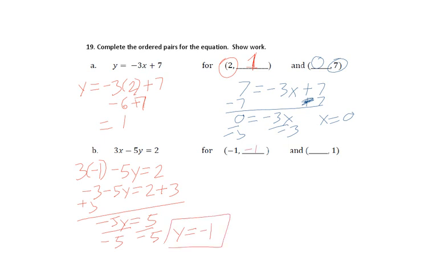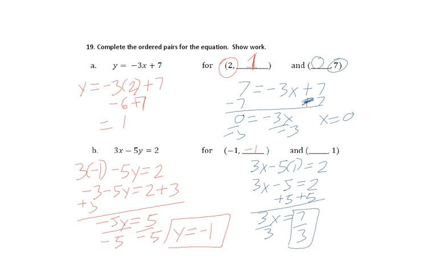That's your first answer. Now we shall replace y with 1. So you get 3x minus 5 times 1 equals 2. 3x minus 5 is 2. You can add 5. So that means 3x equals 7. And if you divide, you still get a fraction, 7 over 3.